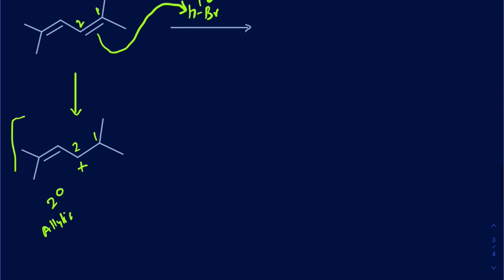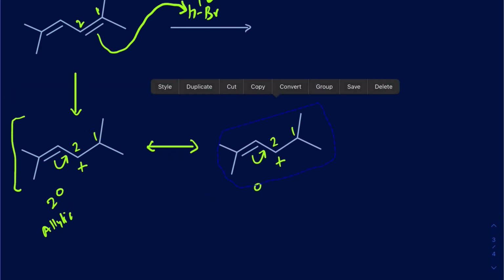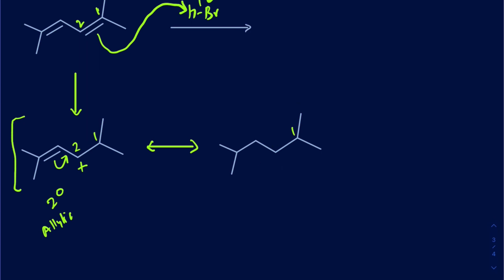So once I create this, I can go ahead and do the resonance where this will move down here. And when this moves down here, I'll get this as my product here, this as my second resonance here.